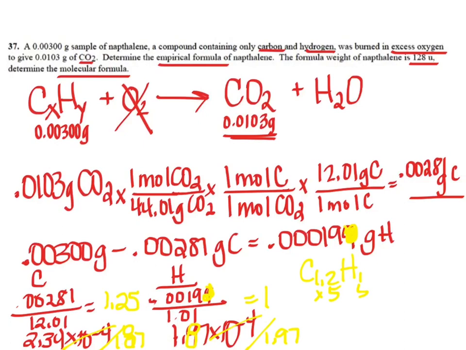Around there. 2.34 divided by 1.88. So, yeah, about 1.25. So, if I have C 1.25 and H 1, we need to multiply each one by 4 to get C5H4, and that is our empirical formula. So because I went one place too far on the carbon, it kind of messed my answer up.